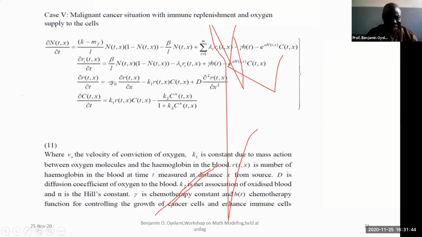So this model here is designed from the Fokker-Planck equation, and this one here is from Hill's model. We are able to come out with this to study the behavior of oxygen within the blood system. And this model actually came from one of our models when we were studying sickle cell anemia.